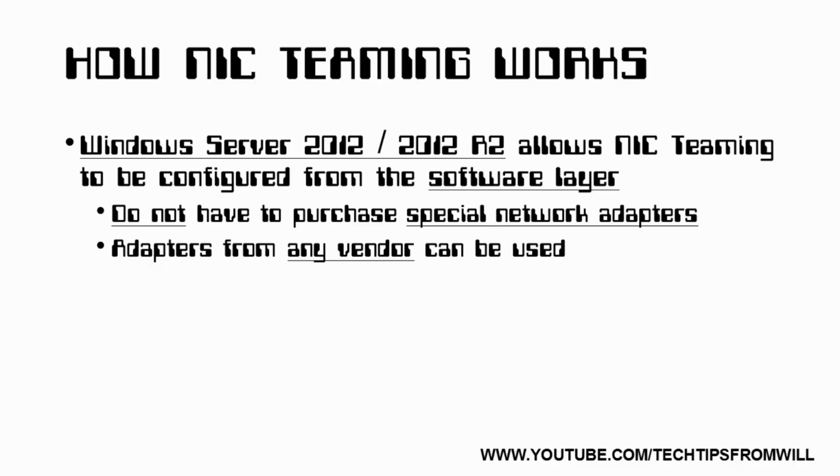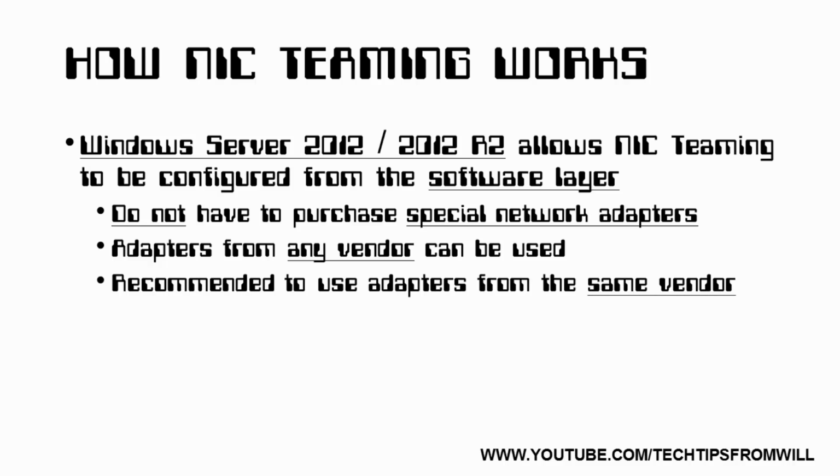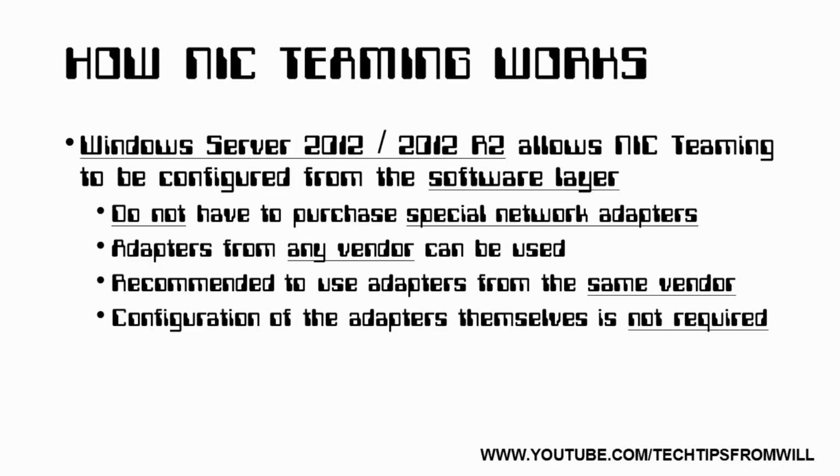It is worth noting at this point that it is recommended that you use network adapters from the same vendor if possible, but this is not essential. Also, the administrator is not required to make any complex configurations on the network adapters themselves. Everything you need to configure your adapters for NIC Teaming is included with Windows Server 2012.